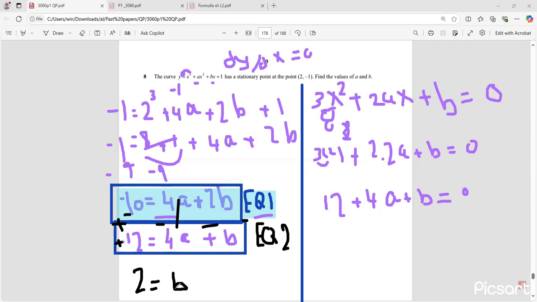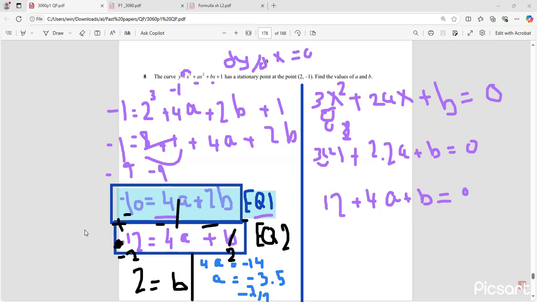So now b equals 2. By substituting b equals 2 to get the value of a: remember this was negative 12 minus 2, which is negative 14. So the 4a equals negative 14, dividing by 4, a equals negative 14 over 4, which is negative 3.5, or negative 7 over 2.